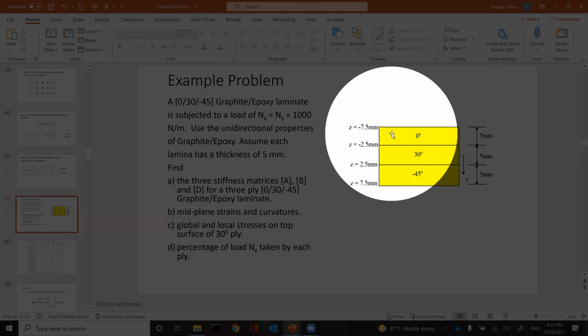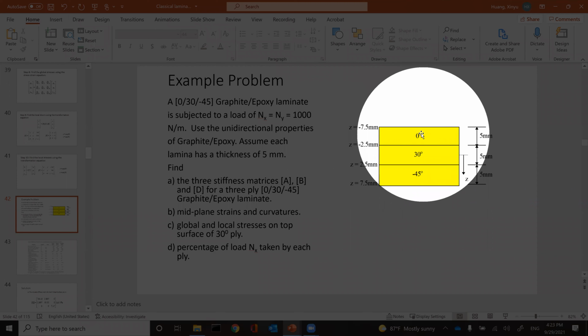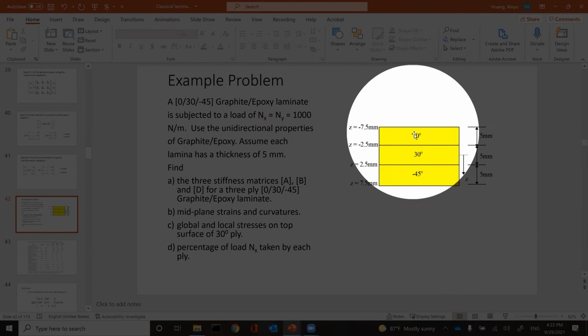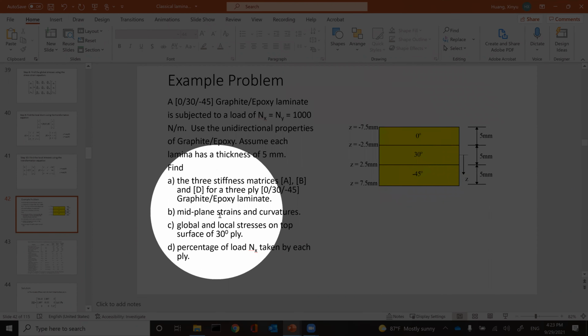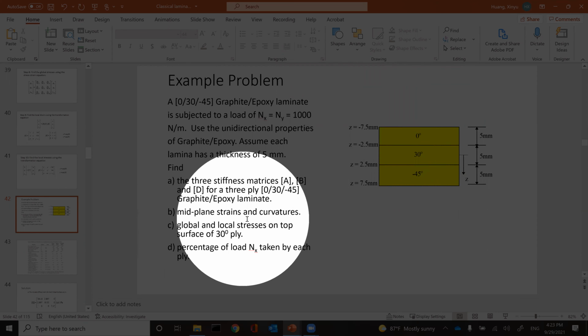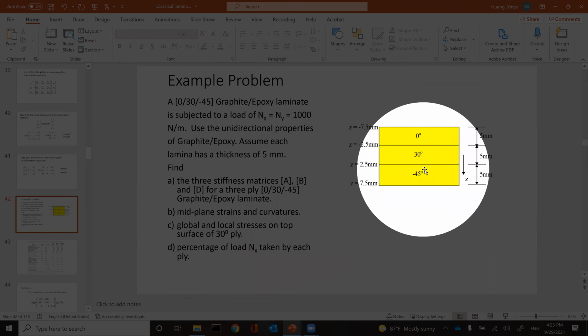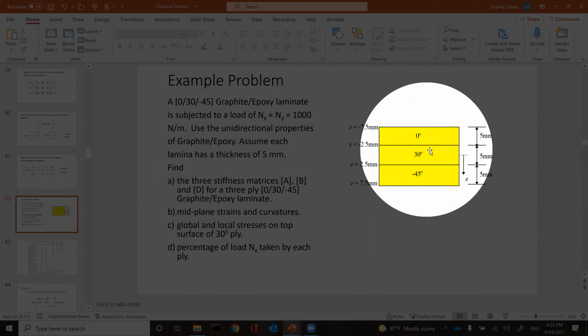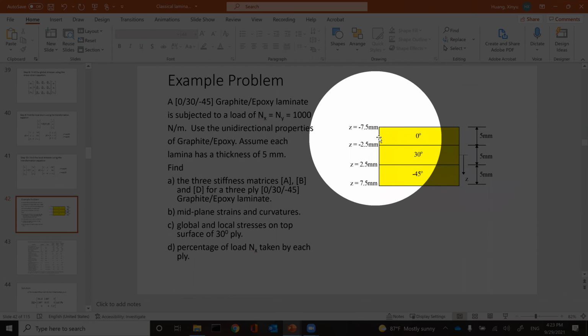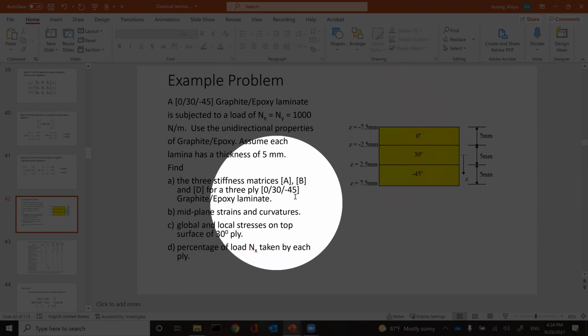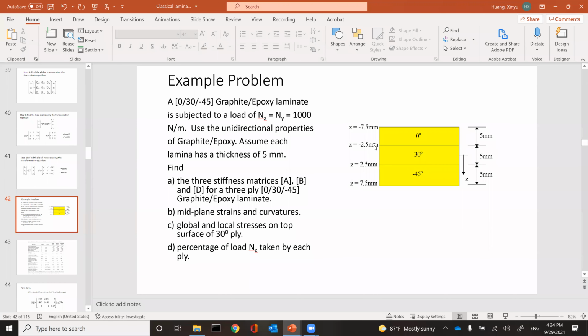It depends on where you want to calculate strain. The average strain, you can take the average. But this question asks you for global and local stress on the top surface of the 30-degree ply. Now, what's the Z for that? Minus 2.5. So remember, the strain varies in the Z direction. Each layer has finite thickness. There's not a single Z. There's a range of Z's. You can find the stress.